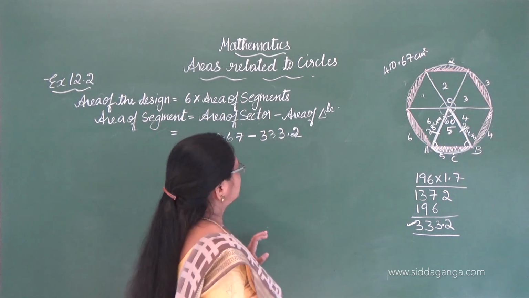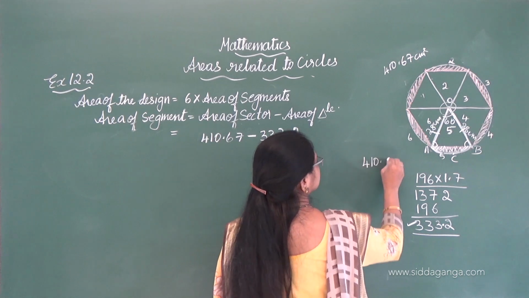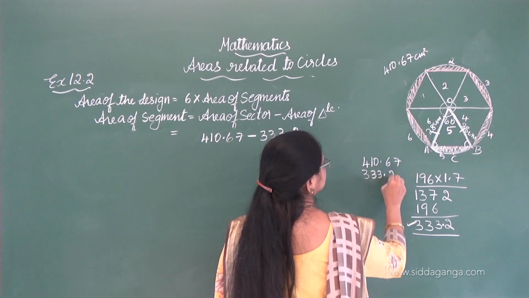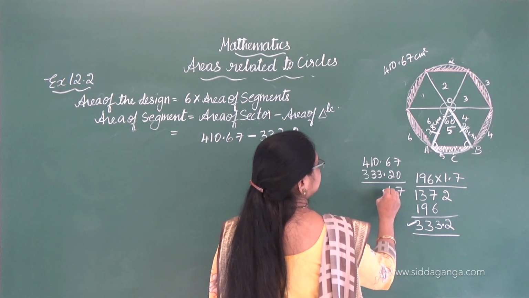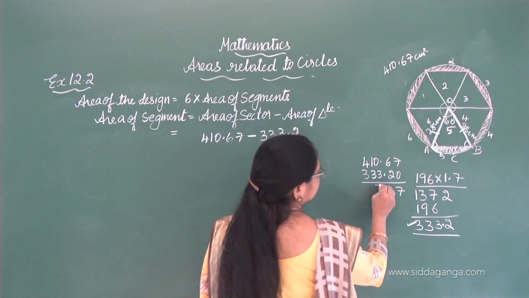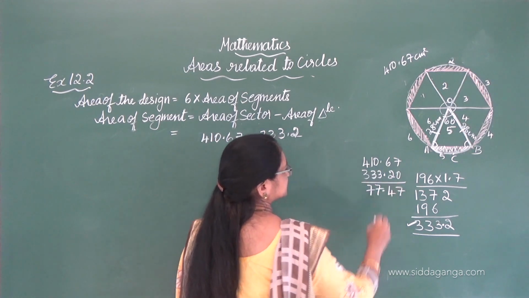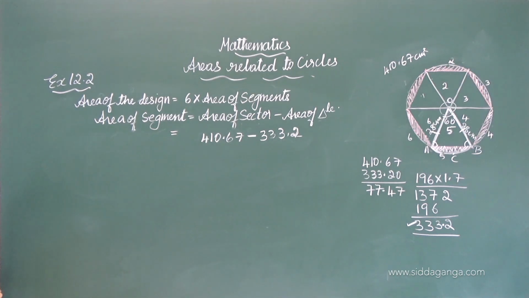Now I will just put it here, 410.67 minus 333.20. Here 10 minus 3 is 7, here also 10, 10 minus 3 is 7, and we get 77.47.